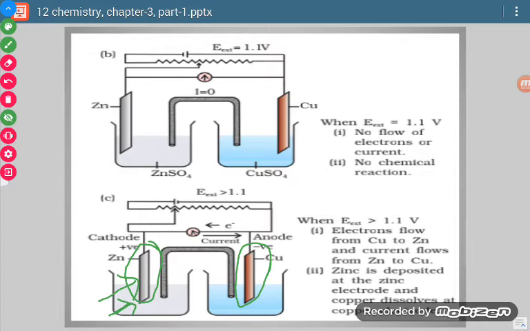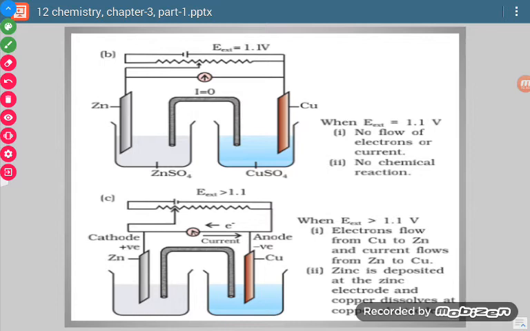Okay. So this is what happens when external potential is more than cell potential. So three things we have to remember. When external potential is less than cell potential, then same reactions keep on occurring. When external potential becomes equal to cell potential, then no current flows in the circuit and there is no chemical change.